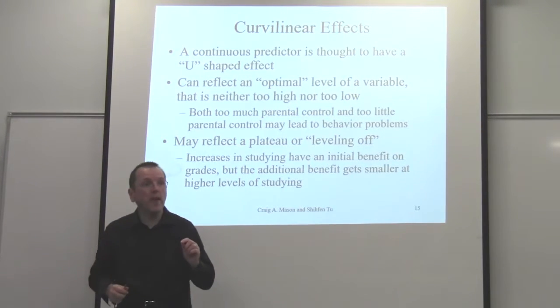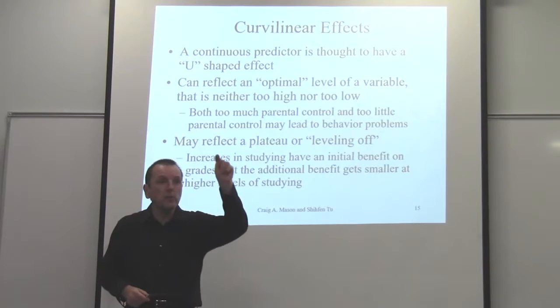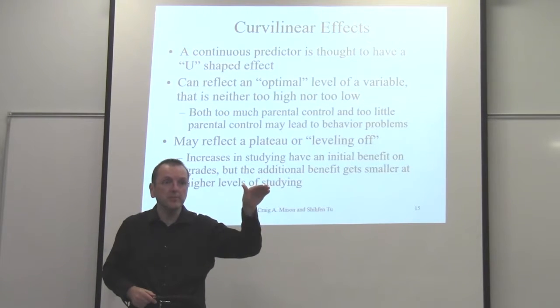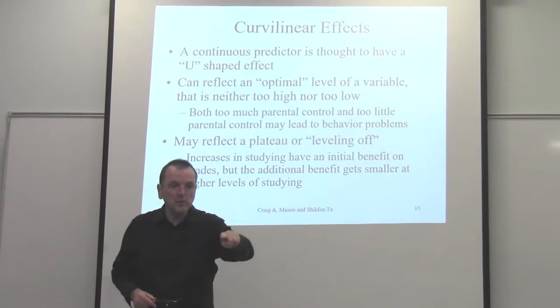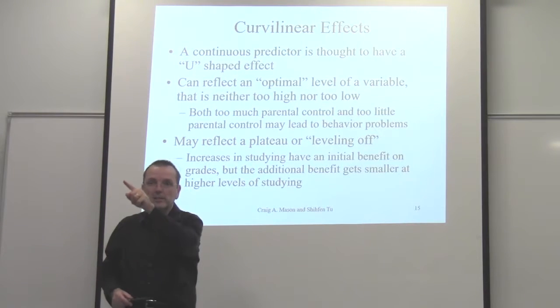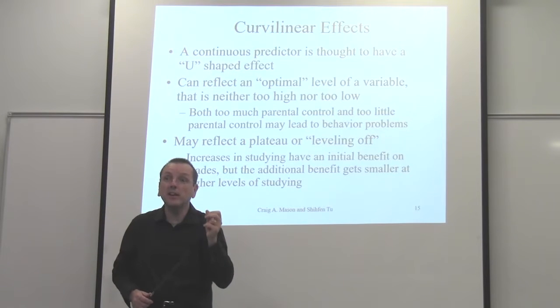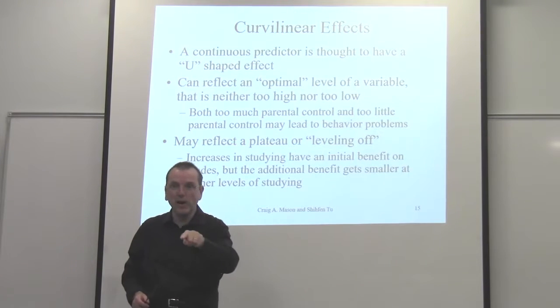These curvilinear effects can also reflect a plateauing effect or a leveling off. Even so, mathematically, one of the assumptions of multiple regression is that you can write it as a linear regression equation.